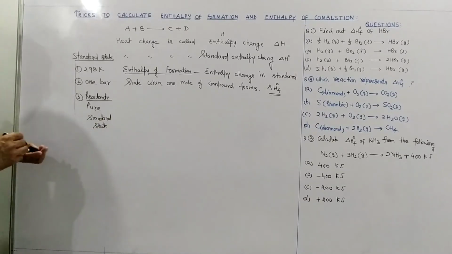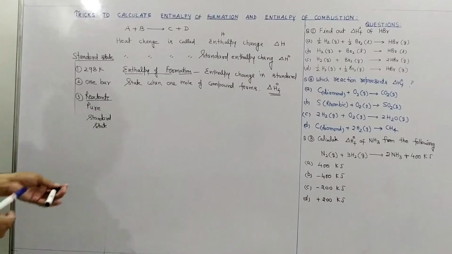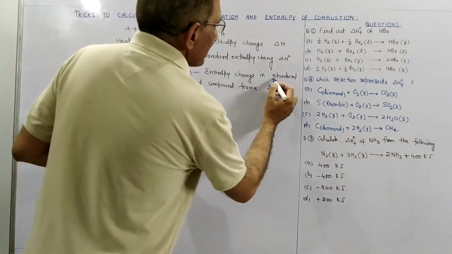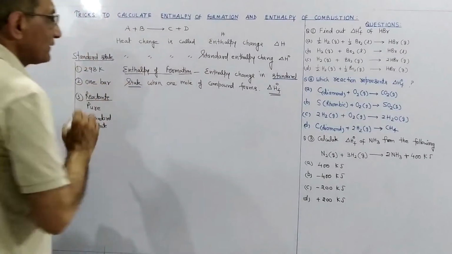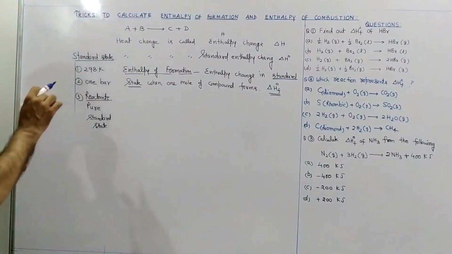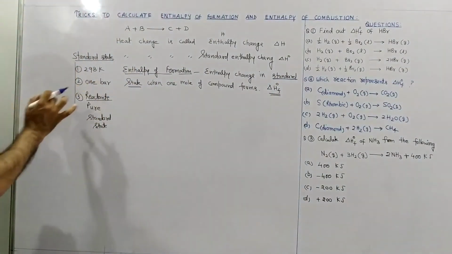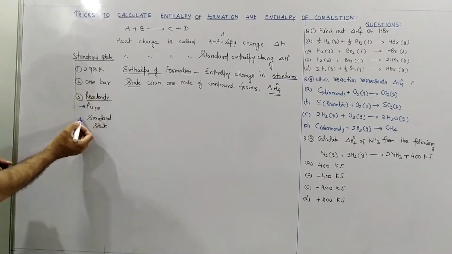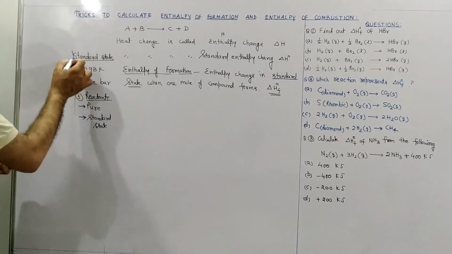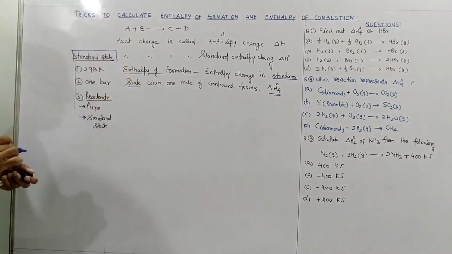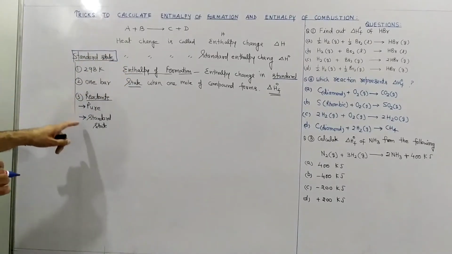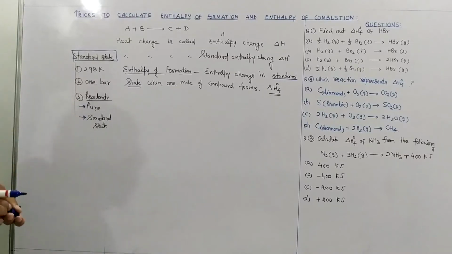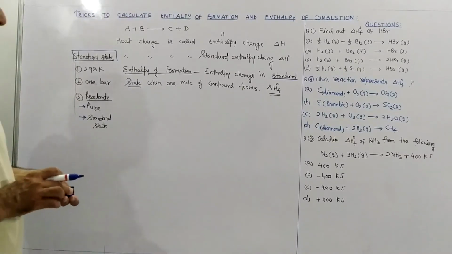Whenever we say standard state, always remember that temperature is 298 Kelvin, pressure is 1 bar, and reactants are in their pure state as well as in standard state. So these are the standard state, students. We will discuss standard states of some reactants also, which are needed for such type of questions.